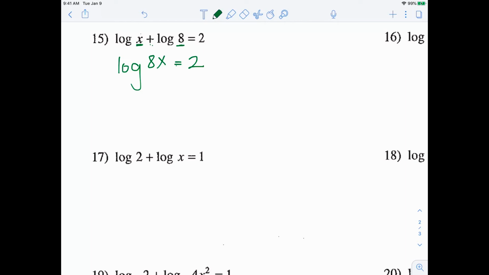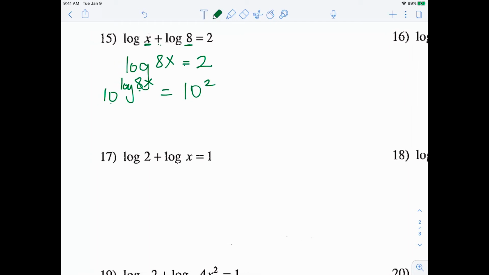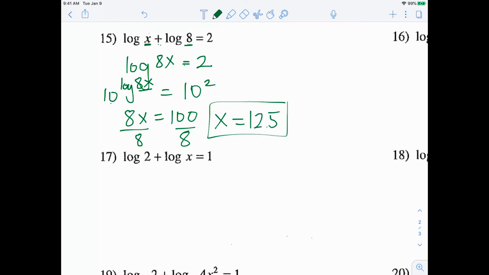So I'm going to apply an exponential base on both sides. So that would become 10 to the log of 8x equals 10 squared. Then because my exponential base and my log base are the same, the left side will simplify to 8x. So I have 8x equals 10 squared, which is 100. I divide both sides by 8, and x equals 12 and a half. And then that's our final answer.